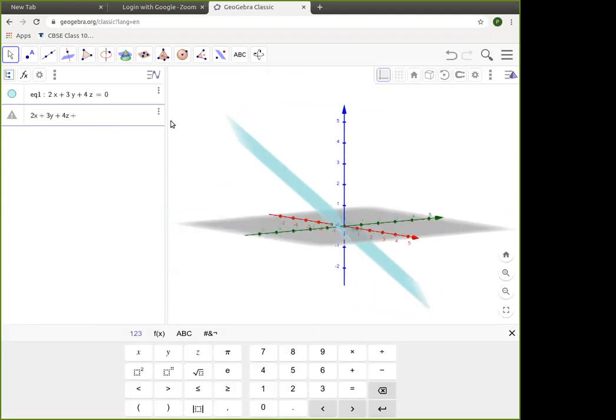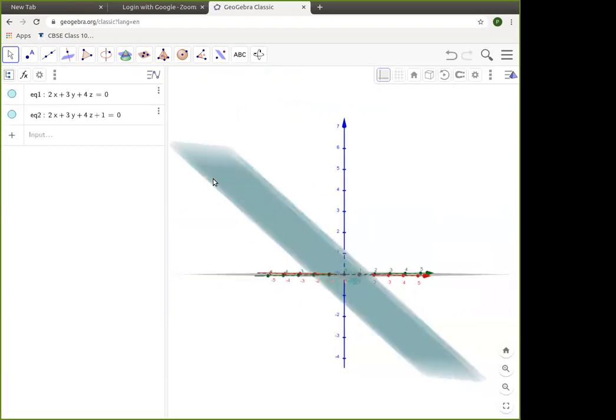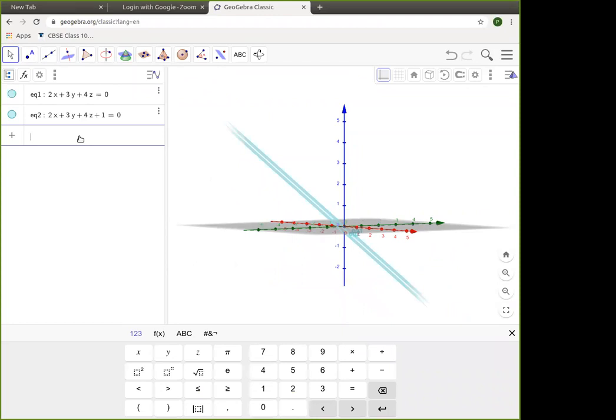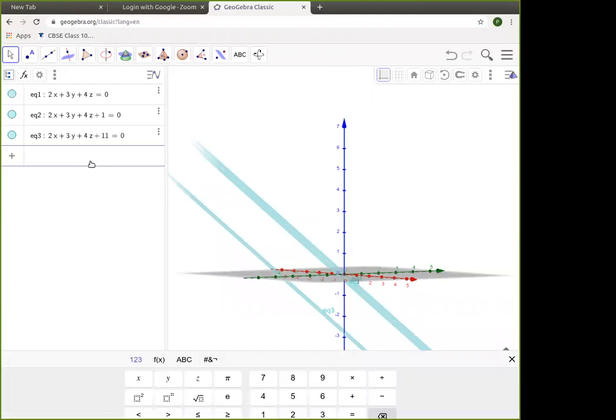Let's take it to be 1 equals 0. Okay, we did get two parallel planes where the distance between them is very small. Again, let's try to increase the constant. Yeah, so we again get a plane and it is parallel also.